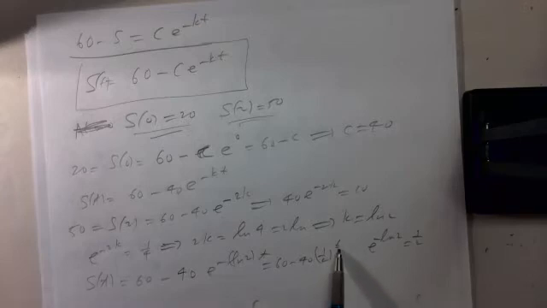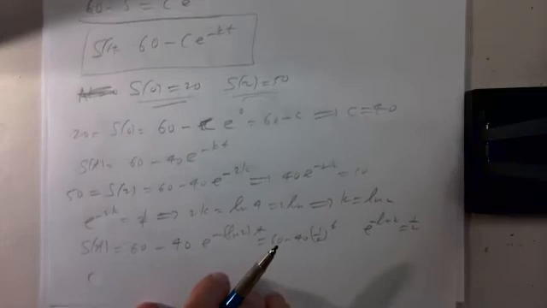When t is 0, you get 60 minus 40 is 20. When t is 1, you get, this is a half, you get 60 minus, oops, something is wrong. Sorry, that's right. When t is 2, 1/2 squared is a fourth of 40 is 10. You get 60 minus 10 is 50.